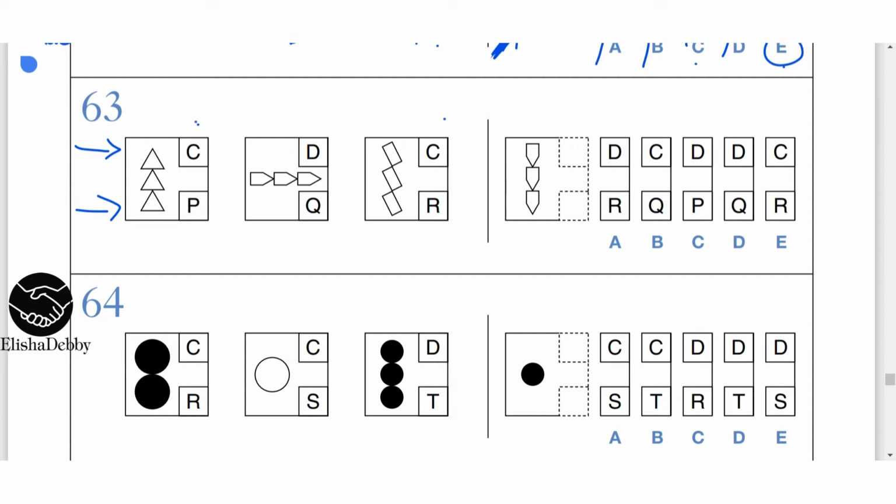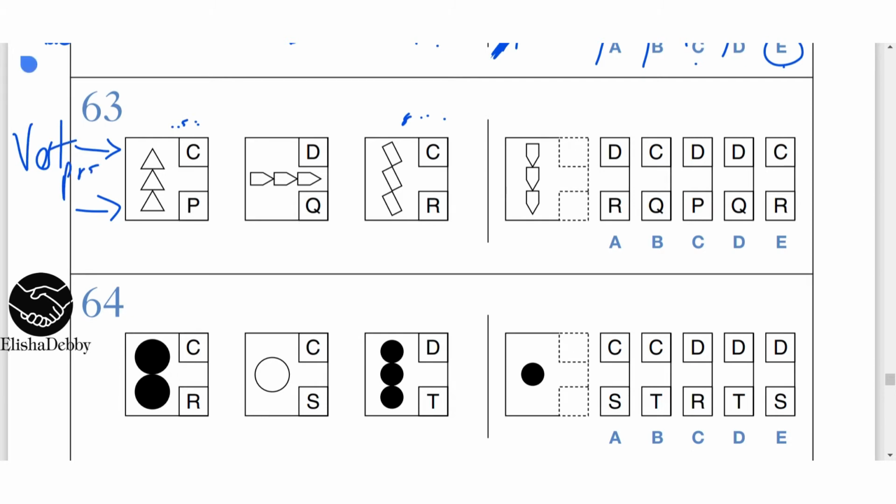This and this are common just because of the position. So I would say it's vertical position. It goes upwards, so it goes from top to bottom. That's vertical position. So that's the position.